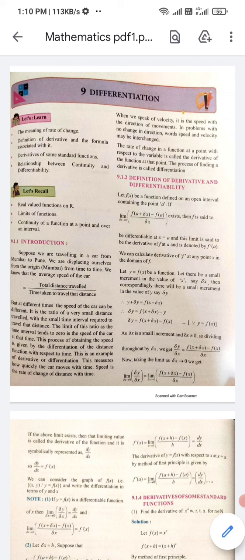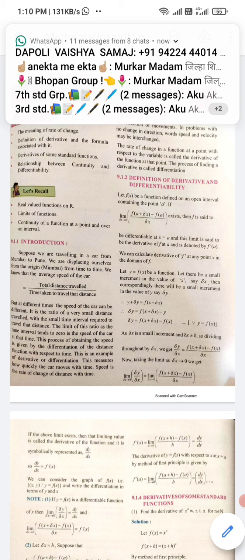Now delta y is equal to, we have to interchange from left to right, f of x plus delta x minus y. But you know that the value of y is equal to f of x, so that's why we have to write minus f of x.